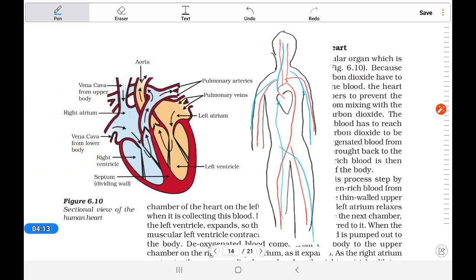Deoxygenated blood from the different parts of our body enters from the lower part of the body through the inferior vena cava, and from the upper part of the body it enters the superior vena cava. So here the deoxygenated blood will reach the right atrium.